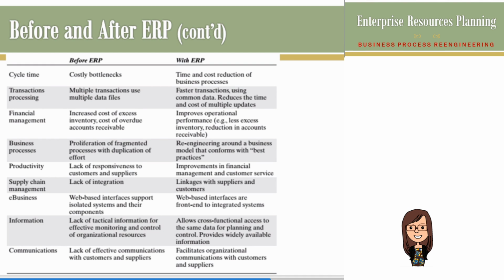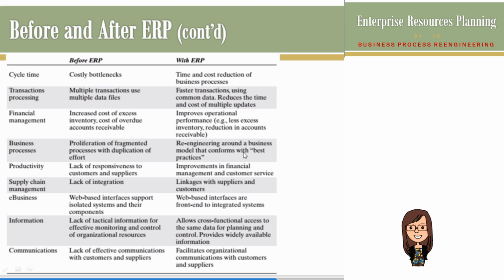Okay, and then the business process also changes into what we call the best practice. We call it a best practice because when ERP vendors develop the system, they already do research on what is the efficient business process.